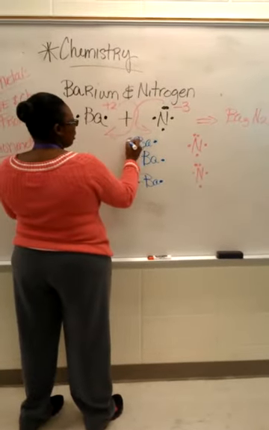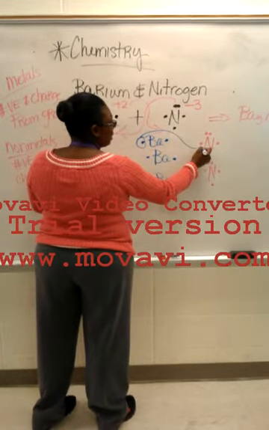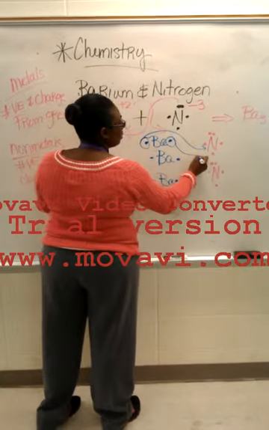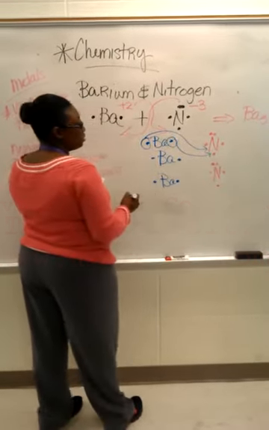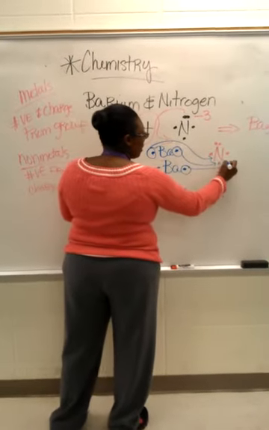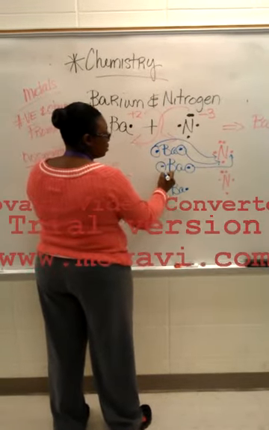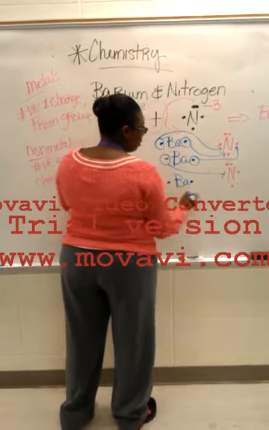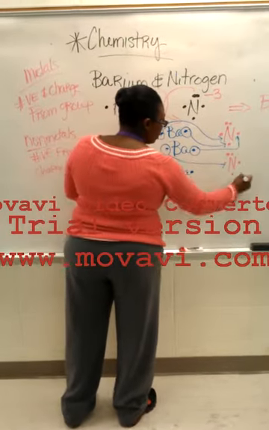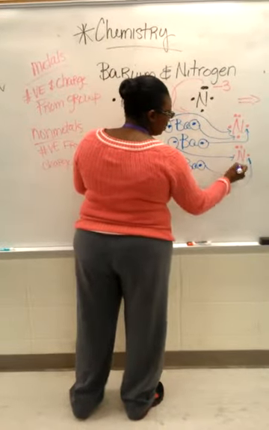So remember, we do our circles, and we're going to follow it. So that means the electron goes there, circle, here, and the electron goes here, circle, and then the electron goes there, circle, and then the electron goes here, circle, electron goes here, and then this circle here, and that electron goes there.